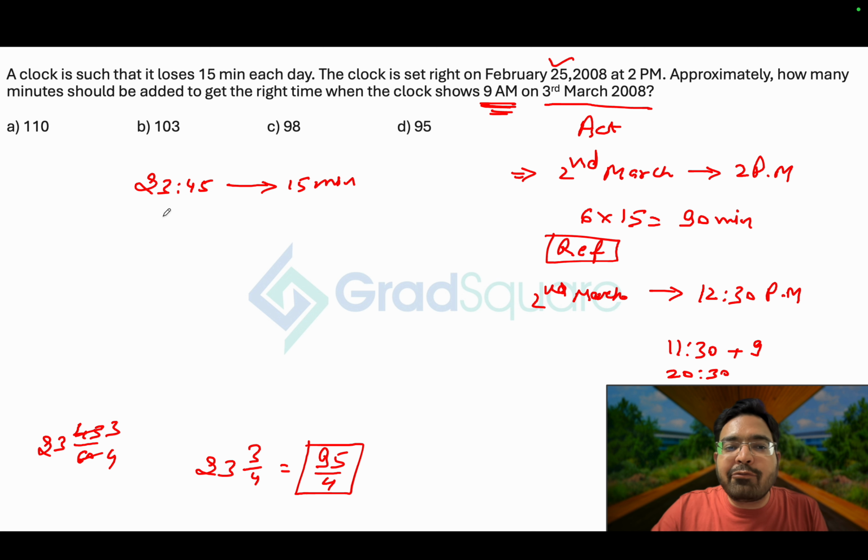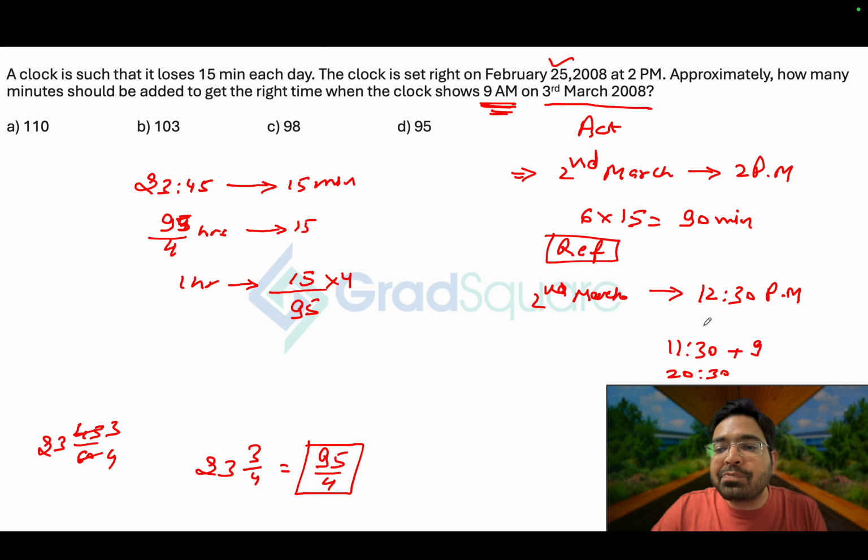So in 95 by 4 hours of time on the clock, it will lose 15 minutes. That means in 1 hour on the clock, it will lose 15 divided by 95 by 4 minutes, correct? And in 20 hours and 30 minutes, which is 41 by 2 hours, in 41 by 2 hours time on the clock, how much amount of time will it lose?